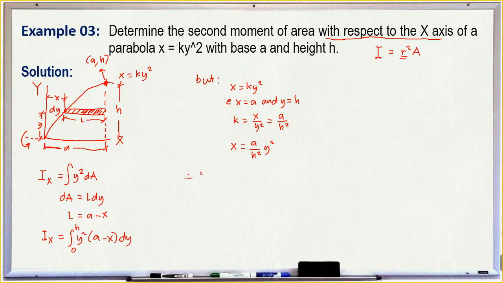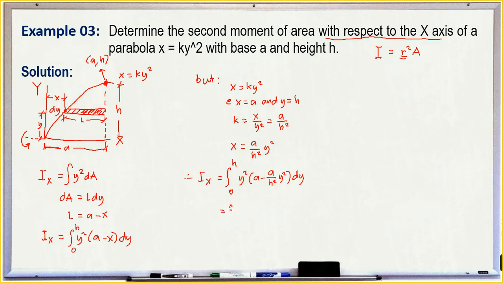So going back, we have our Ix is equal to the integral from 0 to h of y square times a minus a over h square times y square, dy. Next, we're going to distribute y square.